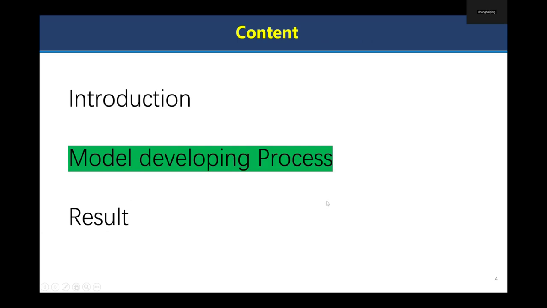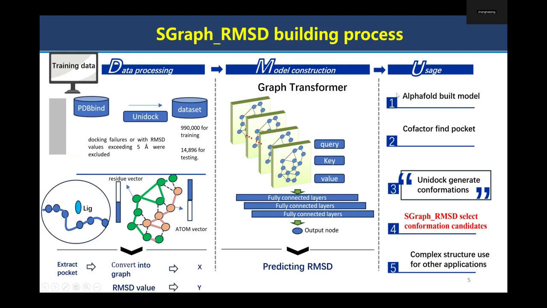Then we go to this slide, to show the model development process. This is the graph RMSD building process. First, we prepared the training data.